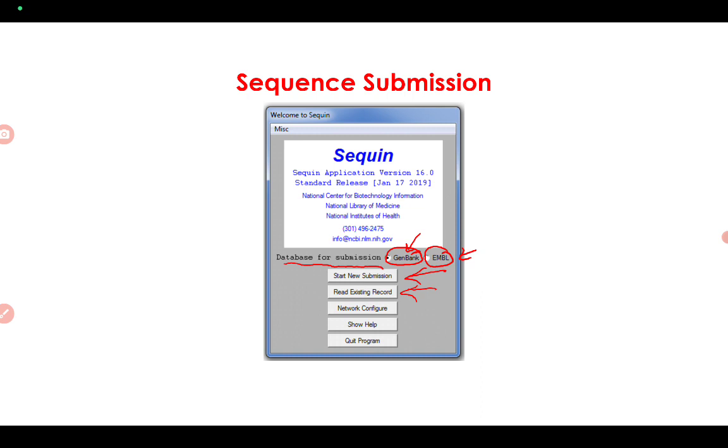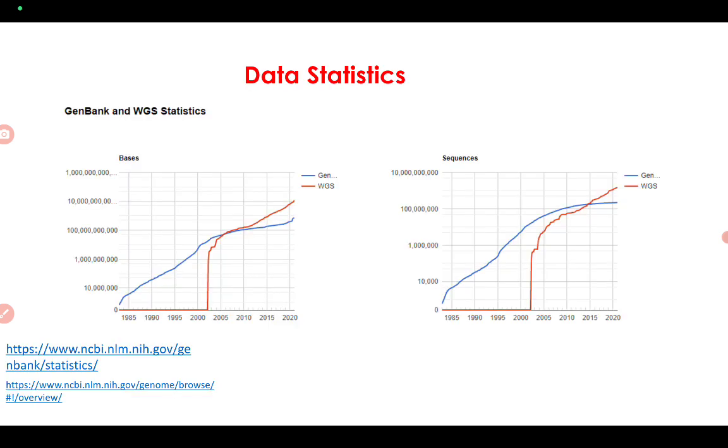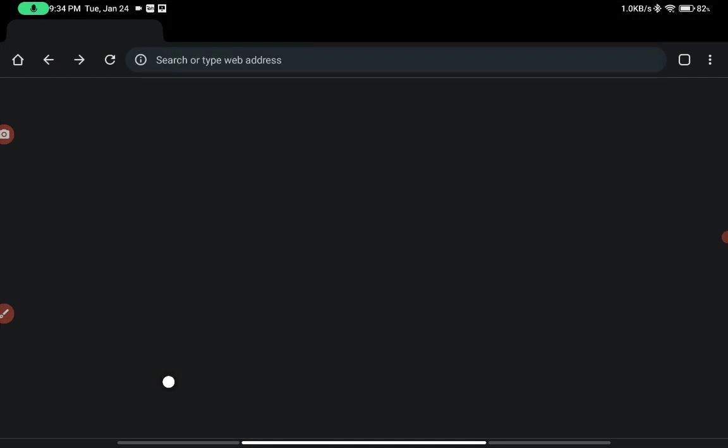Before going towards this format, we will see how we can store the data. I am not going into the detail of this, but I am showing how many types of databases there are, how we can store our data, and which tools we can use to store it. As you can see, a huge amount of data is coming year after year, and after COVID we have seen a spike of data coming day after day.